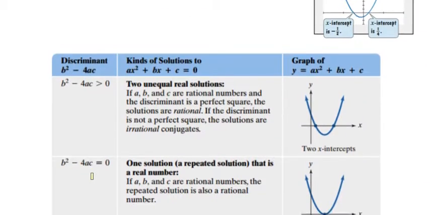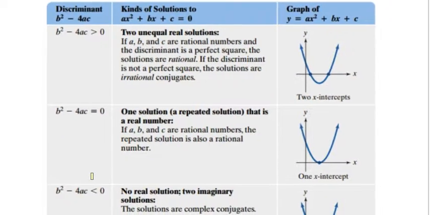This is from the textbook, and this tells us what different values of the discriminant will tell us about the graph and the solutions. So if the discriminant is positive, then that means that there are two unequal real solutions, or that the graph will have two x-intercepts.